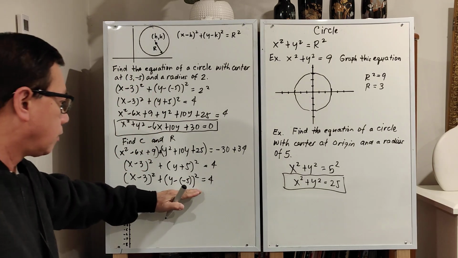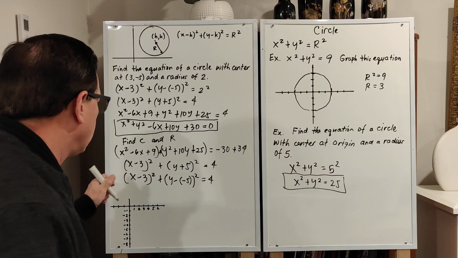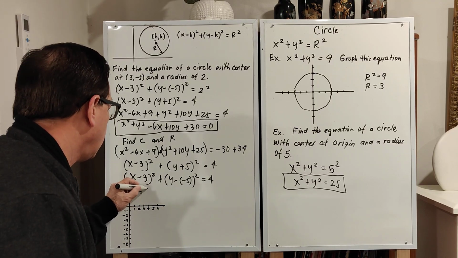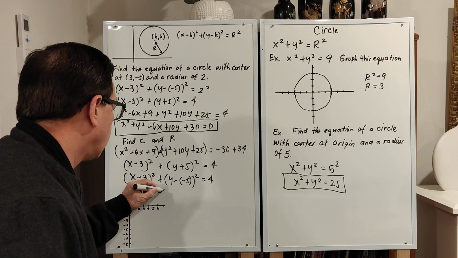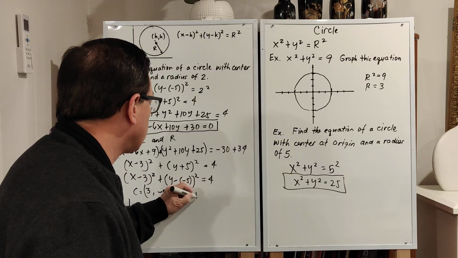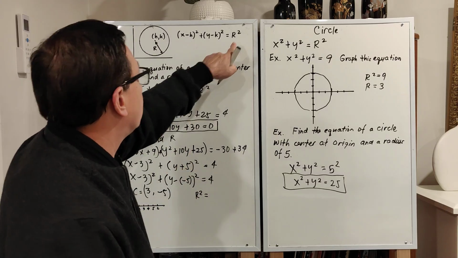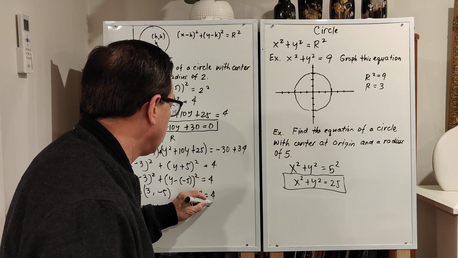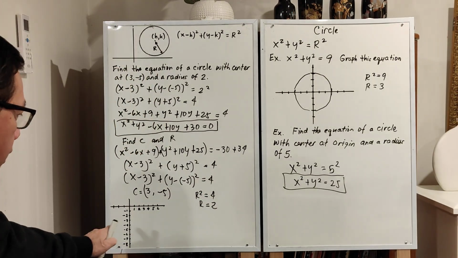So looking in here, your center will be at (3, -5). Your r squared is 4, so your radius is 2. Now we can plot it in here.